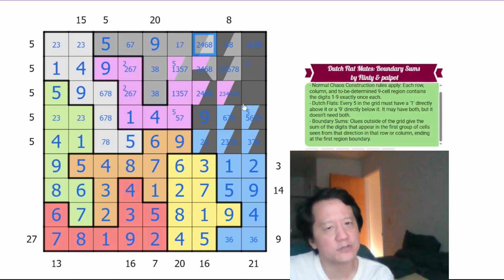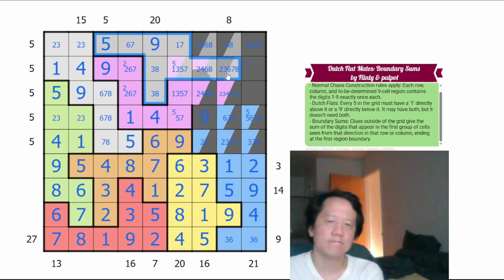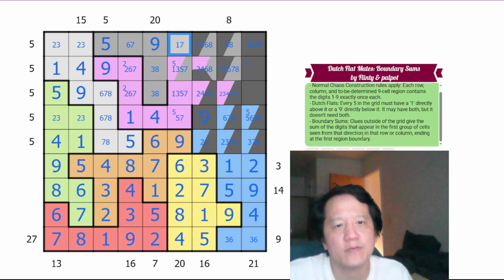This, on the other hand, could still be dark. So you could have 1, 2, 3, 4, 5, 6, 7, 8, 9. That is possible. This is definitely medium, though.